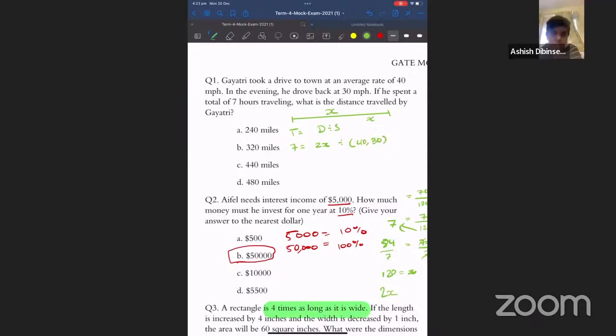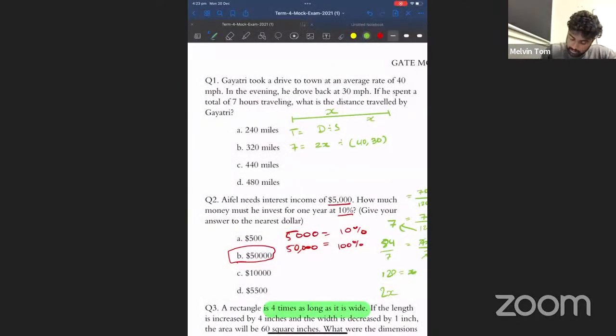So if you were to break it up into two separate parts in the journey, it would be 7 is equal to x divided by 40 plus x divided by 30. Because this first section here represents the time taken traveling at 40 miles per hour.